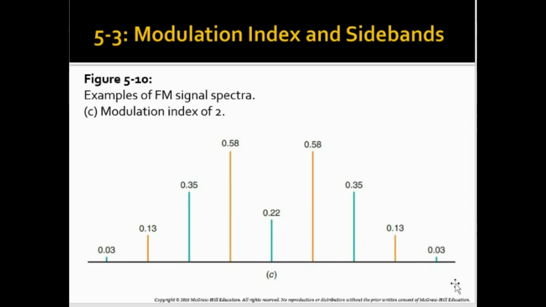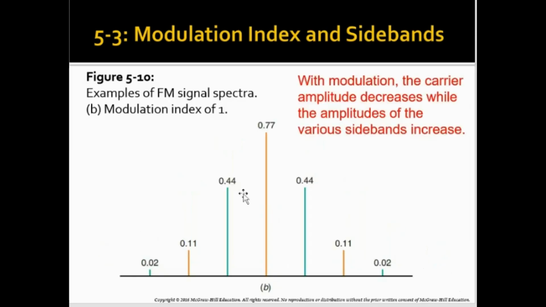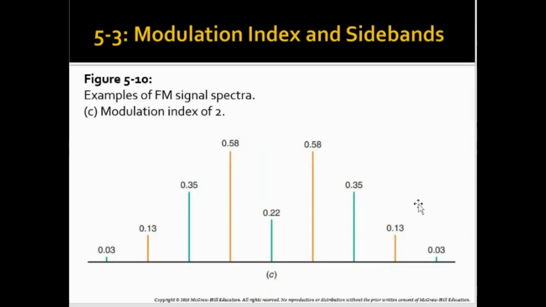So if you look at here, the bandwidth of this modulation index is more than the bandwidth of the previous example. Here we had only 3 sidebands, so this is 3 times the maximum frequency of the modulating signal, but here you have up to 4 times your modulating frequency.